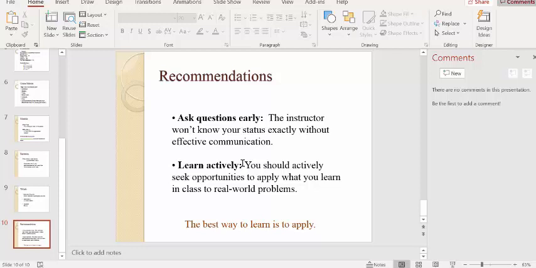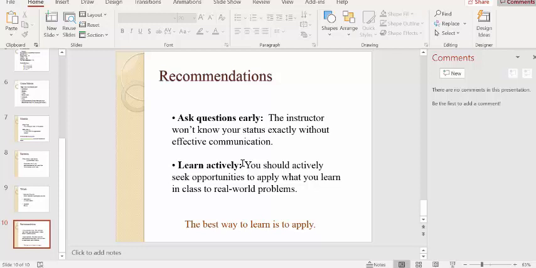The second recommendation is to learn actively. I know this course will still be math intensive for some of you, maybe many of you. It's a little hard to digest all the material, especially if you are taking several courses. To learn those concepts clearly, it's important to seek opportunities that can help you understand.